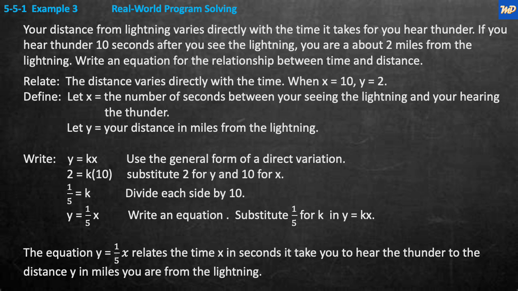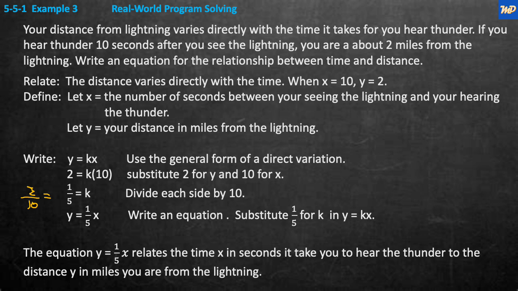When you do that, now you have to solve and get that constant. What is that constant? The constant is divide both sides by 10, and you'll get 1/5 equals k. Because I could have said 2/10 equals 1/5, and that equals k, because you divided each side by 10.